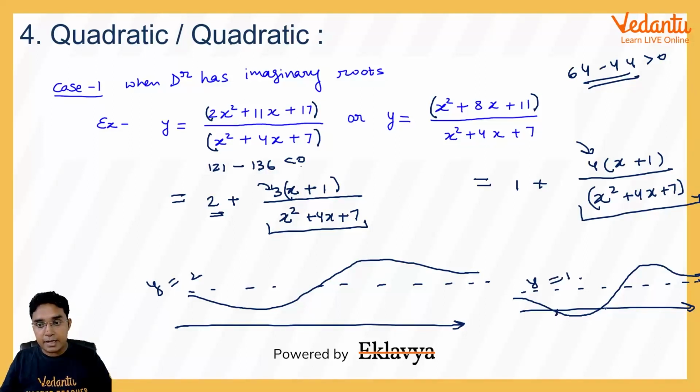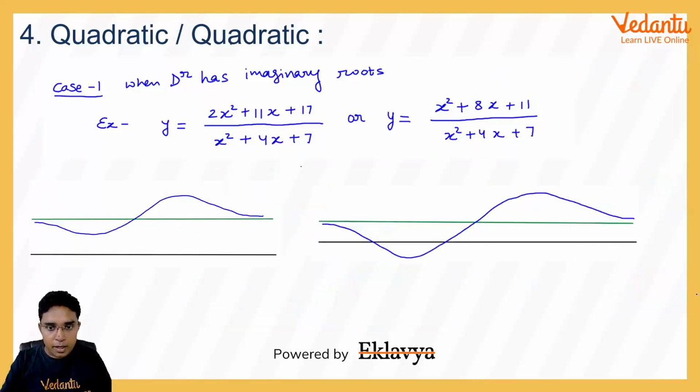Why is it intersecting the x-axis at 2 points? Because this numerator has 2 real roots. So at these values of x, it has to give you a value equal to 0. And we are raising this graph by 1. So you can think of it as if the graph would have been corresponding to this, brought down by 1 unit.